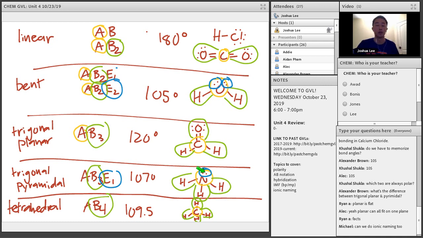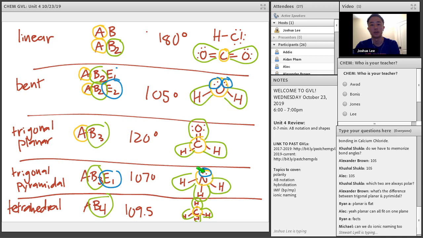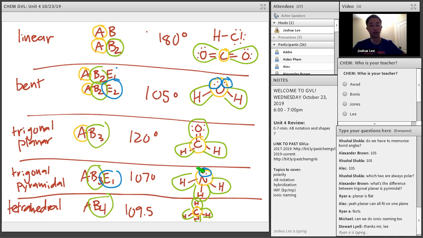AB notation will help you figure out the shape of everything. I don't know exactly what question you wanted to go with that, but that's AB notation and shapes. 7 minutes talked about AB notation and shapes. So then this is a good segue into polarity.